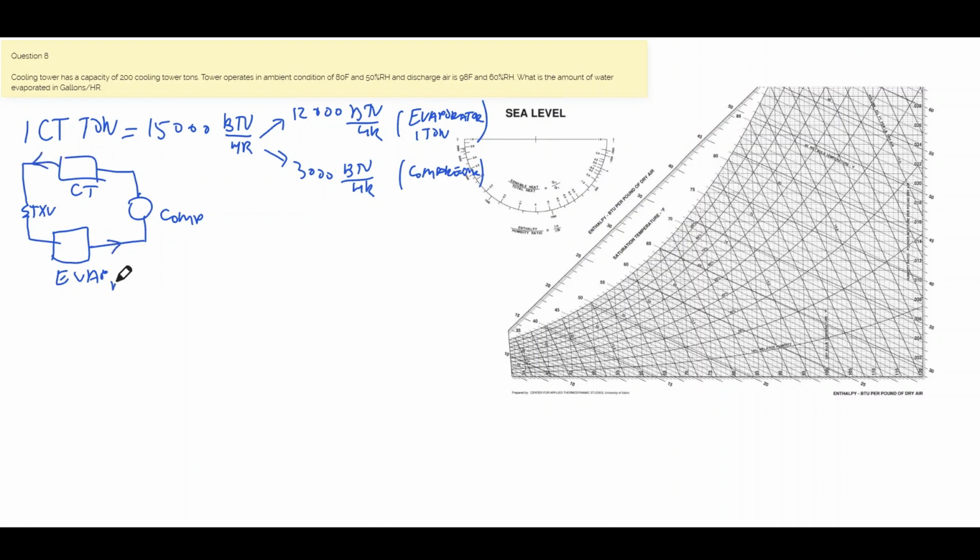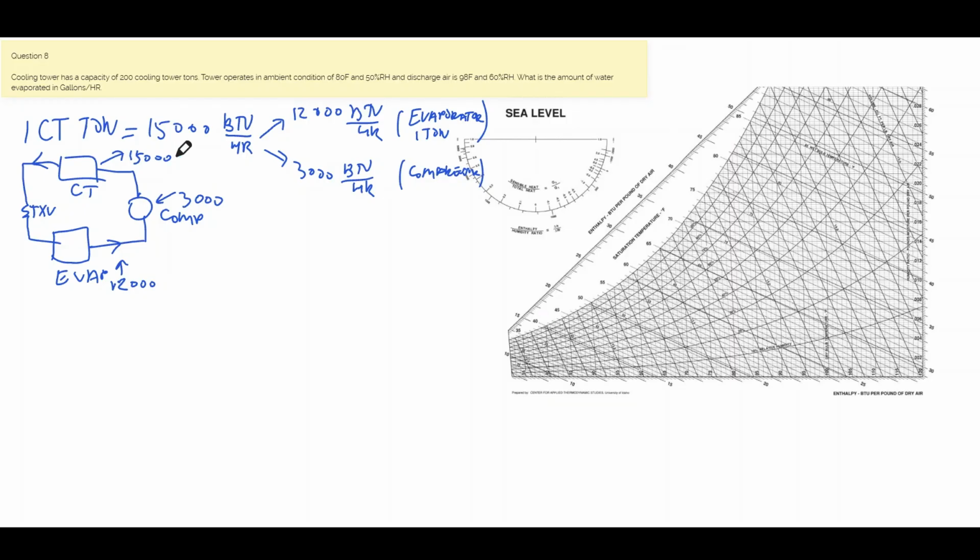So what happens, you pick up 12,000 BTU per hour into your evaporator from the space. You pick up 3,000 BTU per hour from your compressor, and you relieve that heat to the atmosphere of 15,000 BTU per hour.